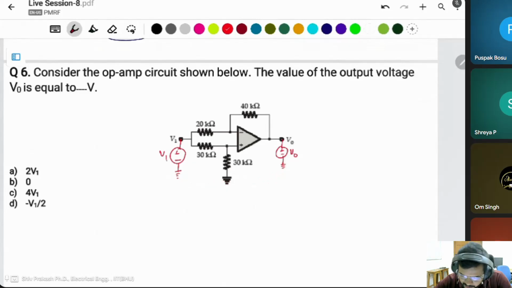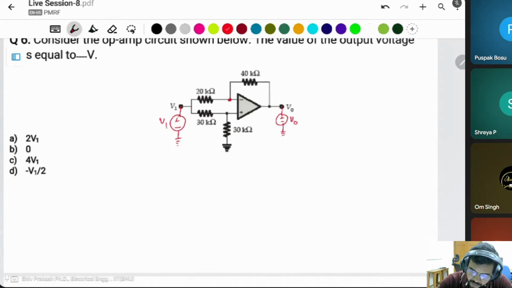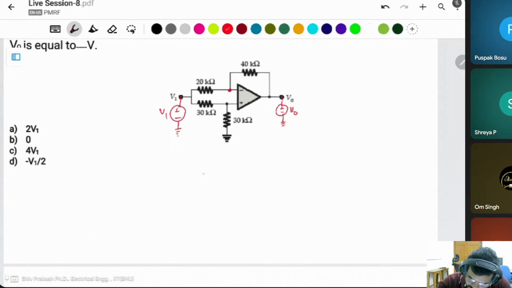Okay, same as before. I draw the bigger circuit, then you will understand better.